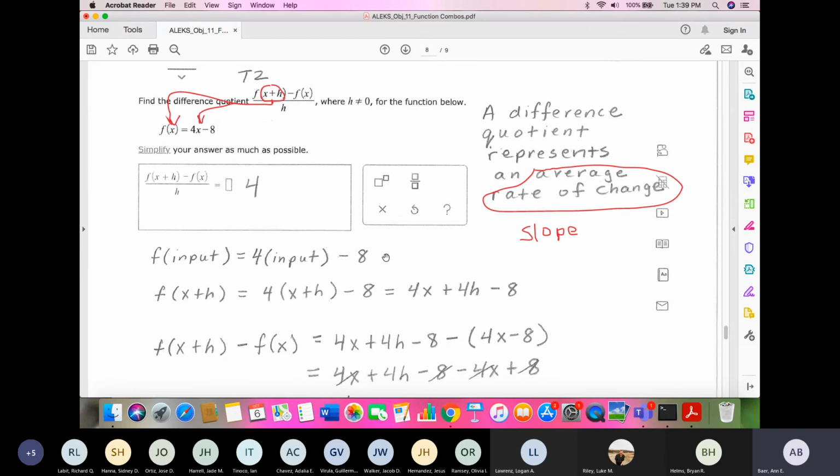So that's what I would do, because we're going to start by doing this first. And what is our input here? Our input is x plus h. So we want to find f of x plus h first.